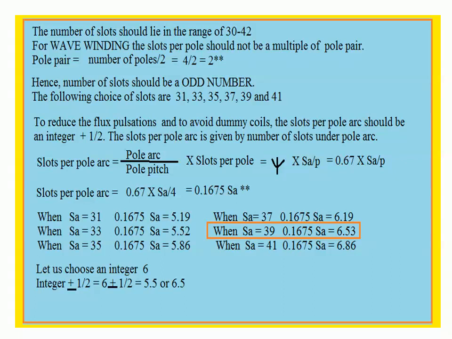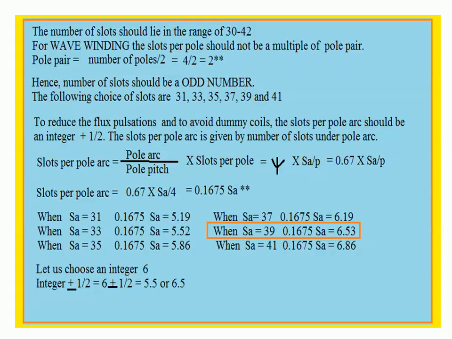After that, to reduce the flux pulsations and to avoid dummy coils, slots per pole arc should be an integer plus half. We know that slots per pole arc equals pole arc divided by pole pitch into slots per pole. Finally you get the ratio 0.67 into SA by P, which gives 0.1675 times SA.